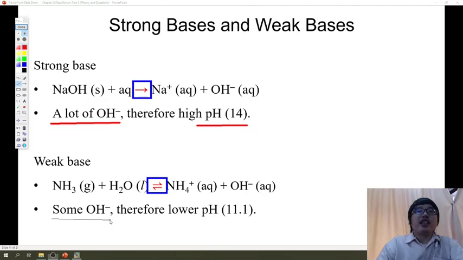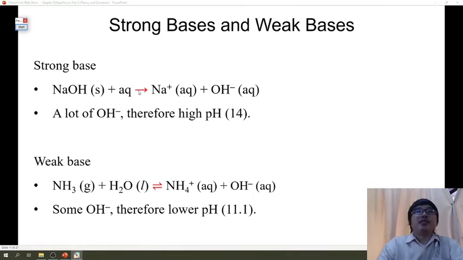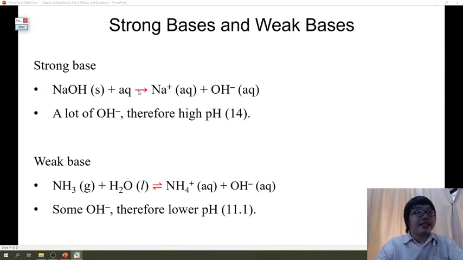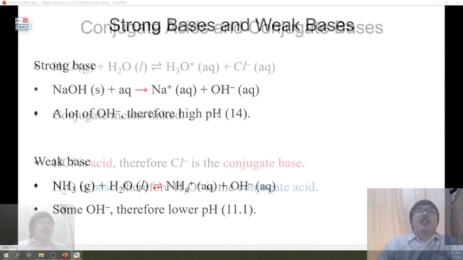Take note that it only forms some, therefore a lower pH. And that's the difference between strong acids, weak acids, strong bases, and weak bases.